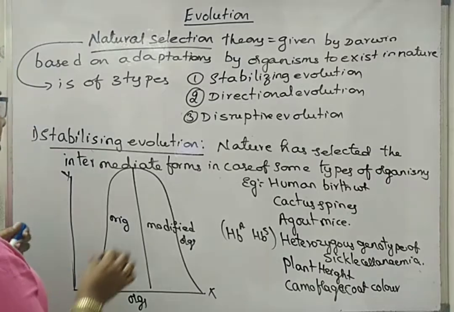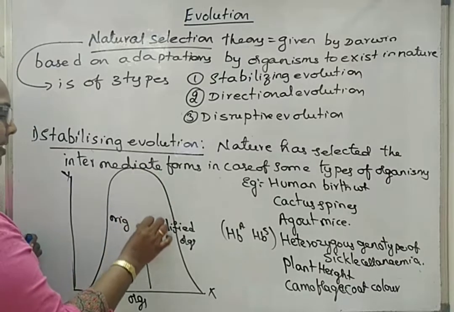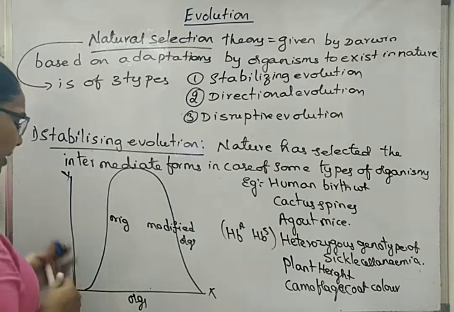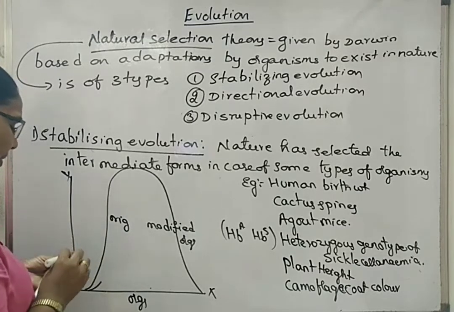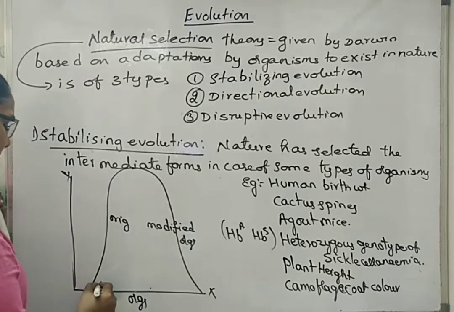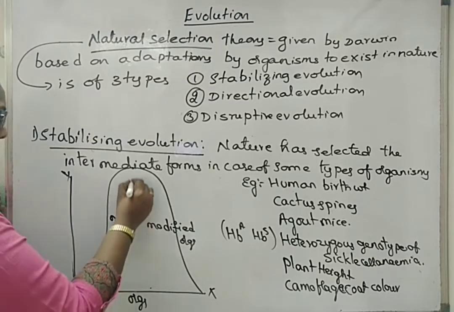Then, in the course of evolution, nature has selected the intermediate forms of organisms. Then the graph will change, with a narrow tip end.